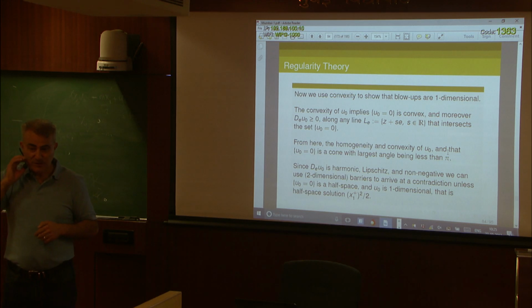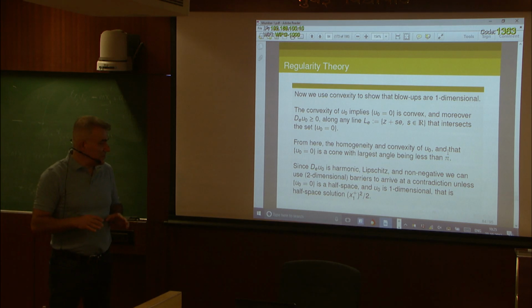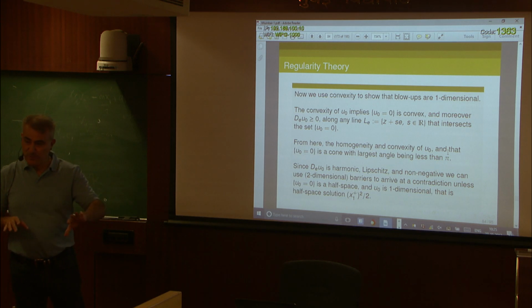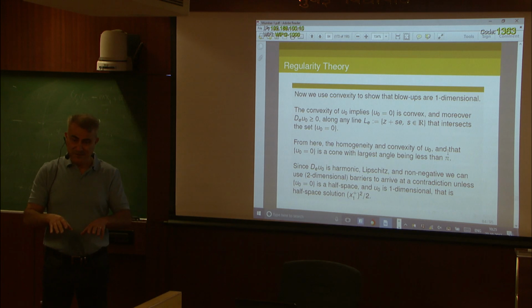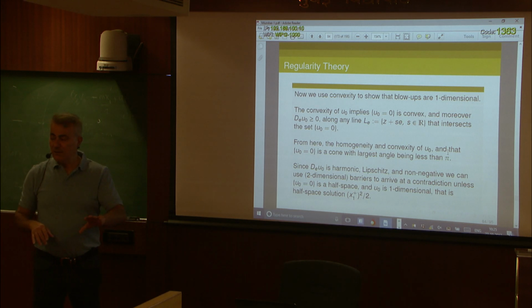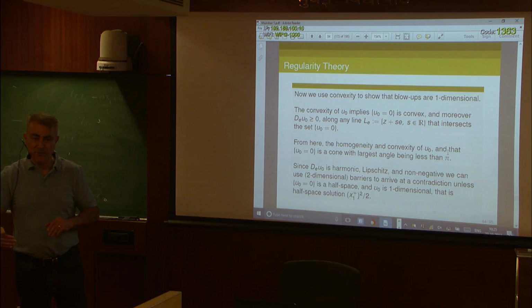We are now at the case when either it's one-dimensional or polynomial. The polynomial case we're done. So if the interior of the coincidence set is empty, the function is polynomial. So if it's not empty, I want to prove it's one-dimensional.